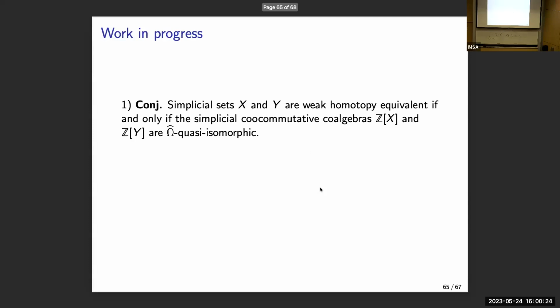And maybe to end, let me mention some work in progress. I'm sure this is true, but it's surprisingly tricky to prove. One should be able to deduce the following integral statement. If X and Y are simplicial sets, then they are weak homotopy equivalent, no hypothesis, if and only if their co-commutative integral coalgebras are Cobar quasi-isomorphic.